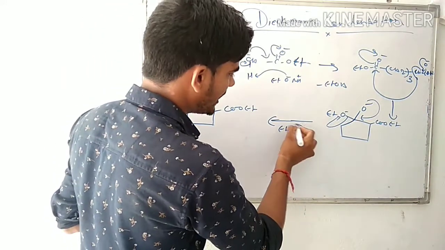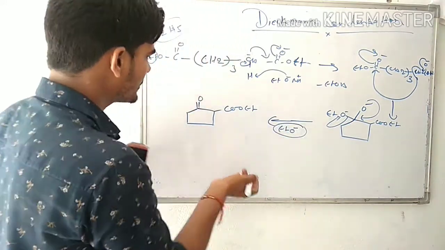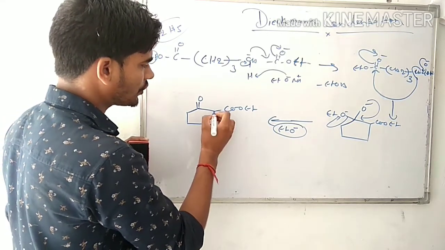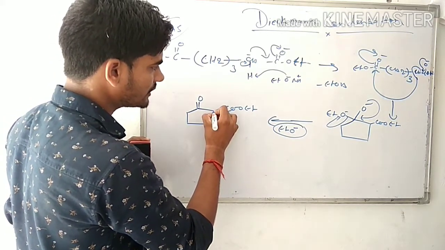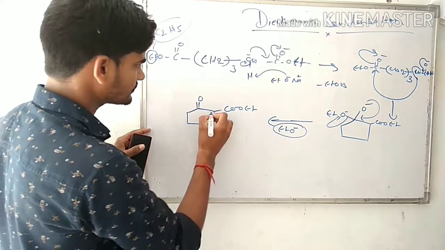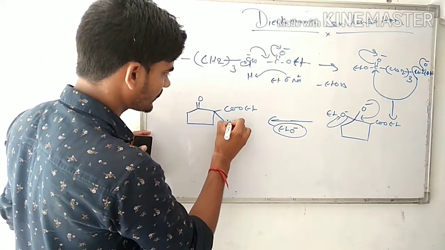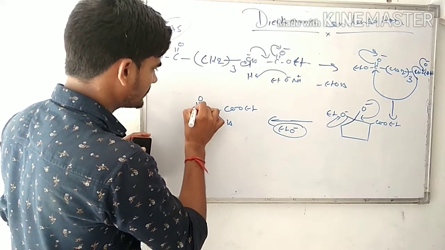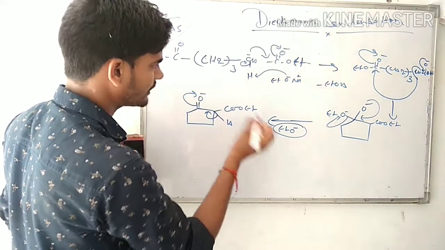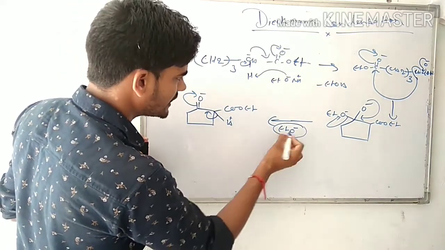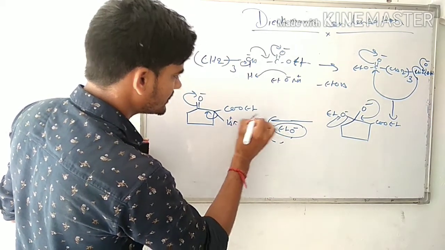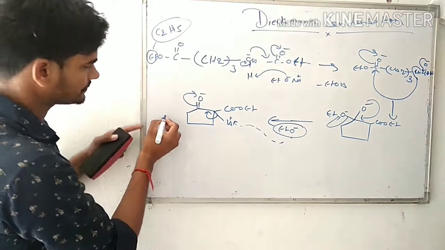Now here this generates a base. This base abstracts a proton from this carbon. This moves the bond here and this proton is abstracted by this oxygen atom.